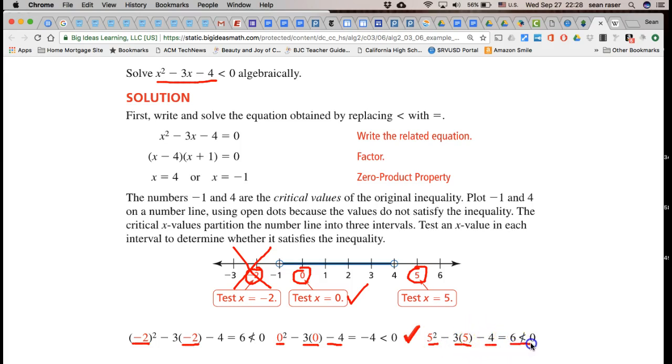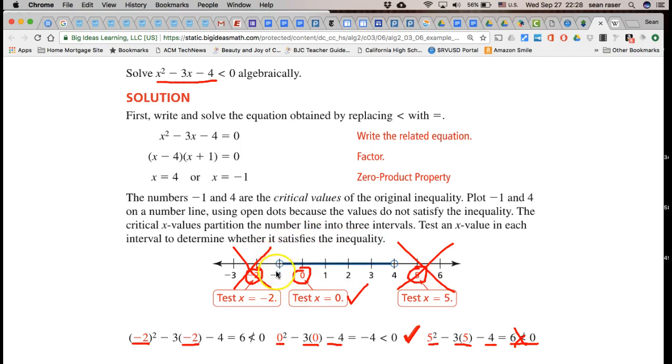So again, 6 less than 0 is a false statement. So we know that region is not part of our solution set. What we've done is use our critical values to split up our number line into regions so that we can check which regions are part of our solution. Here we know that just our middle interval is.